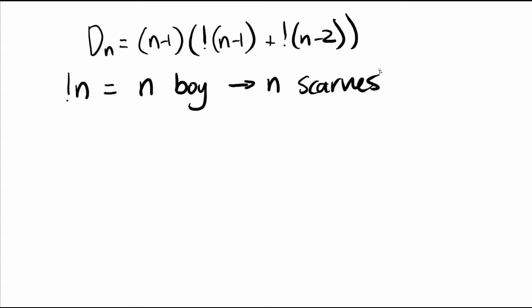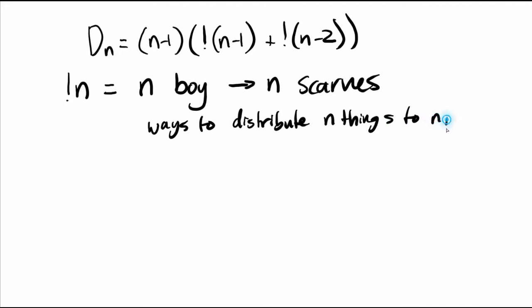The number of derangements is the number of ways the boys can take the scarves back without getting their own scarf. So it's the number of ways to distribute n things to n people without anyone getting their own thing.